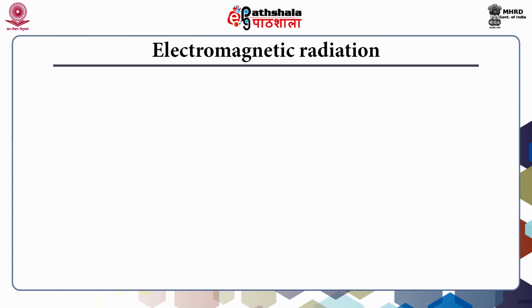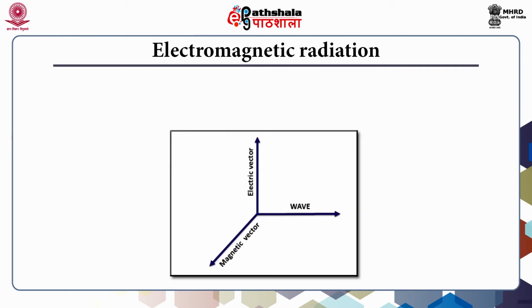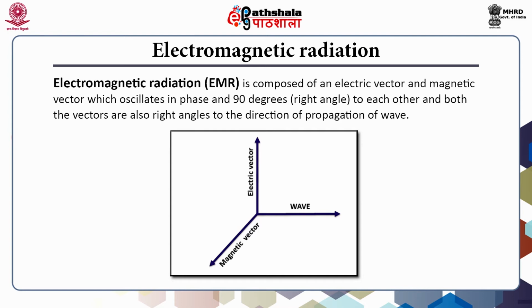Before proceeding to UV visible spectroscopy, I would like to give a brief introduction about electromagnetic radiation, which plays an important role in UV visible spectroscopy. Electromagnetic radiation or waves is composed of an electric vector and magnetic vector which oscillate in phase and at 90 degrees, that is right angle to each other, and both the vectors are also at right angles to the direction of propagation of wave.